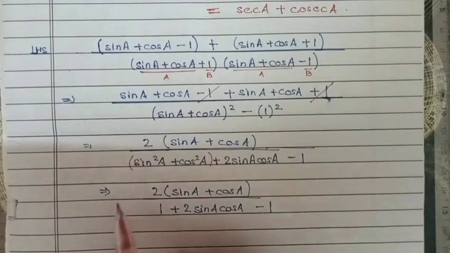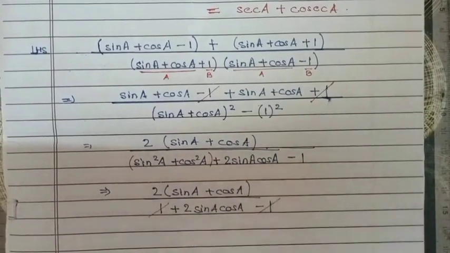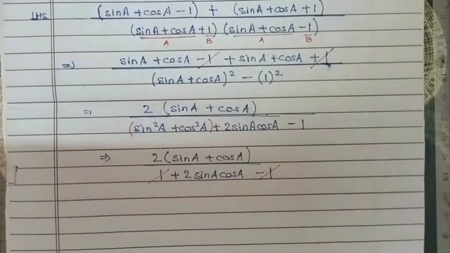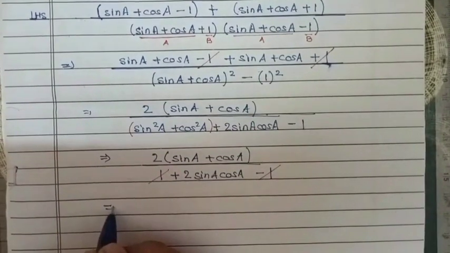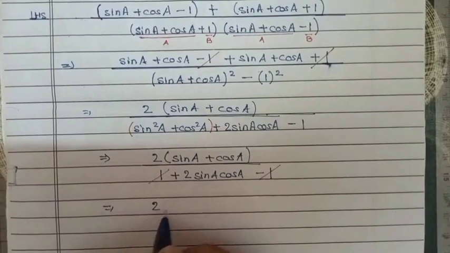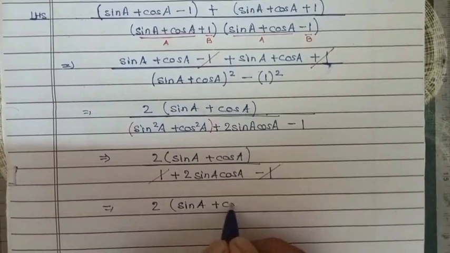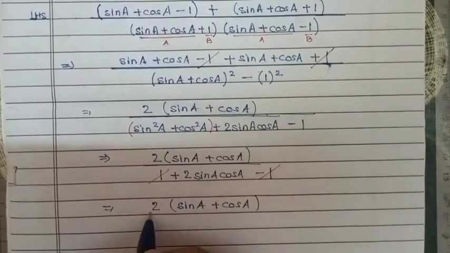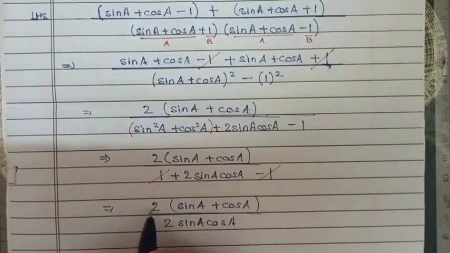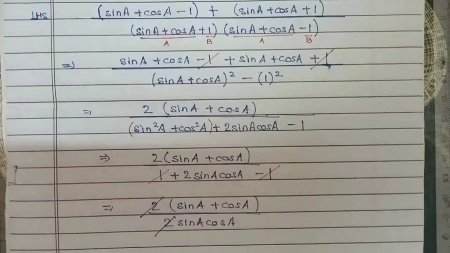Now you can see in the denominator place plus 1 minus 1 will cancel out. So this will give you twice sine A plus cos A whole upon twice sine A cos A. Now this 2 will also cancel out.